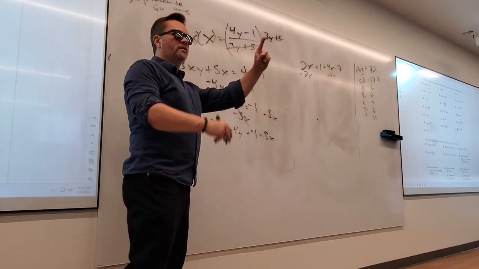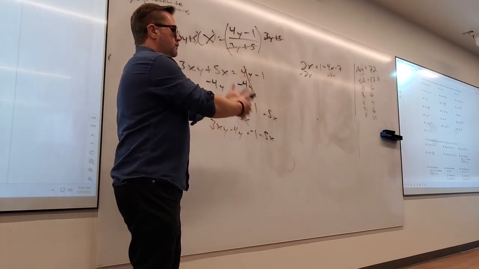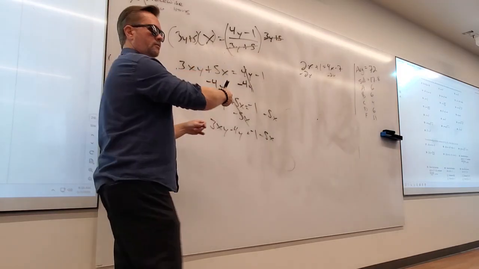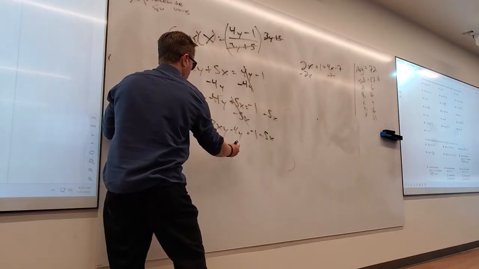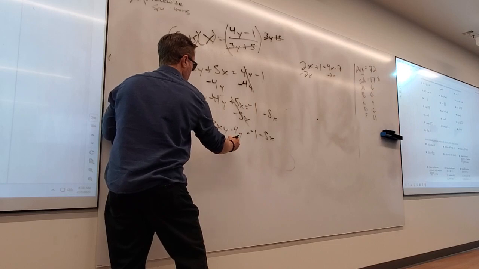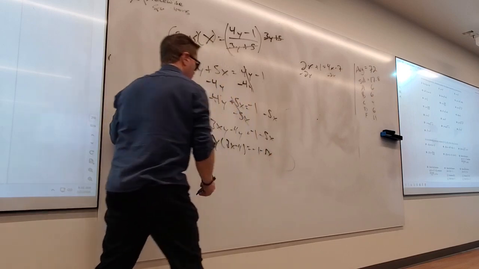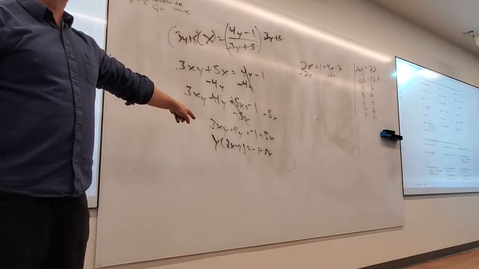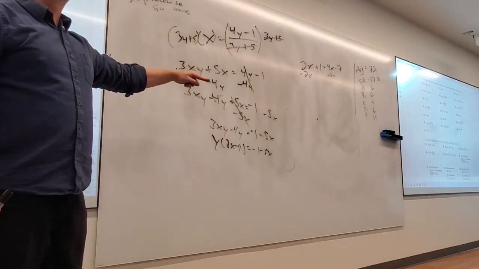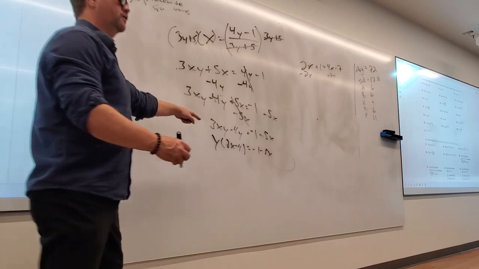There's only 1. So can I undistribute it? Can I factor it out? What do I get when I take a y out? 3x minus 4. Can you solve for y now? One step away. How do you get y by itself? Divide by the stuff you don't want. Divide by 3x minus 4, right?